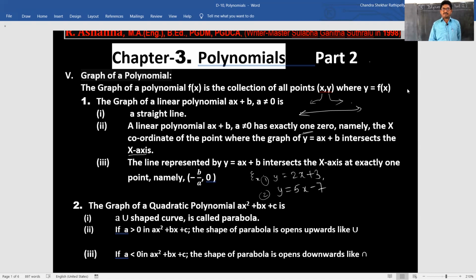So this x is called first coordinate or abscissa. This y is called second coordinate. This is called an ordered pair. The first one is called the first coordinate and the second one is called the second coordinate.